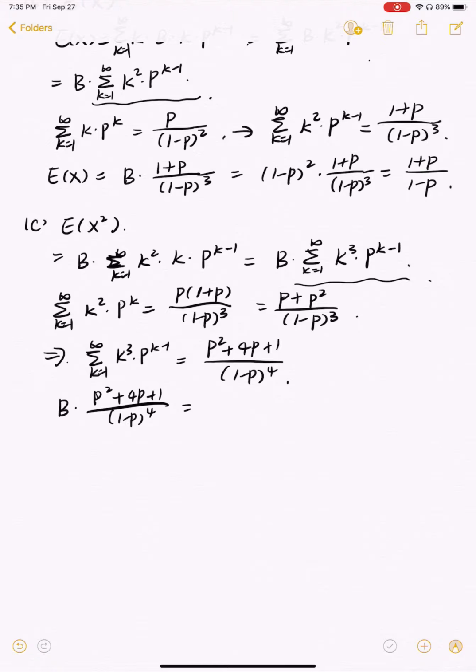We could get the expectation of X squared is p squared plus 4 multiplied by p plus 1, divided by 1 minus p to the square.